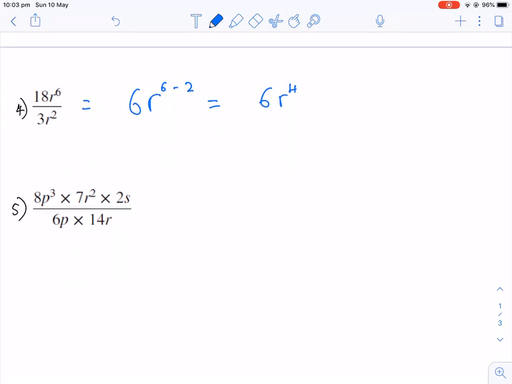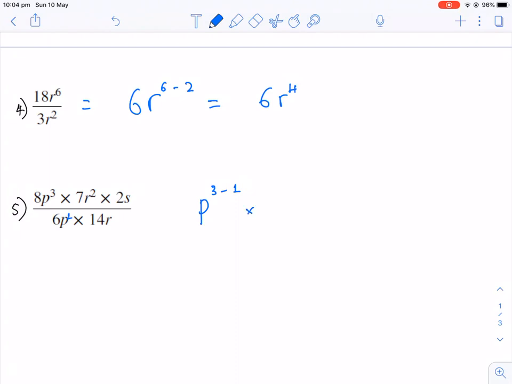Example 5. Again, we will consider which are in index form and have the same base. We have p cubed divided by p, so you're going to write down p to the power of 3 take away 1, because p here is p to the power 1.